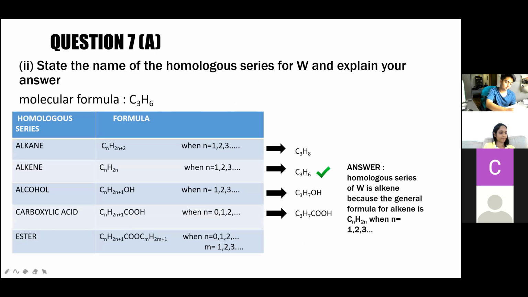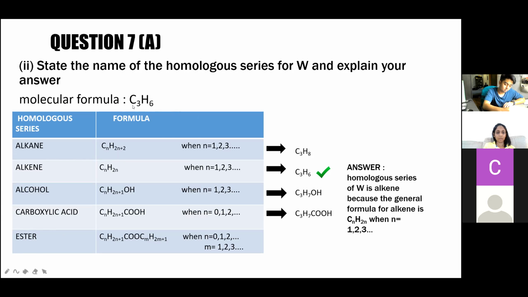Okay, so now we have to state the name of the homologous series for W and explain our answer. So from what we found in question 1, the molecular formula of W is C3H6. So we can conclude that there's 3 carbons in W, and there's 5 homologous series, which is alkane, alkene, alcohol, carboxylic acid, and ester.